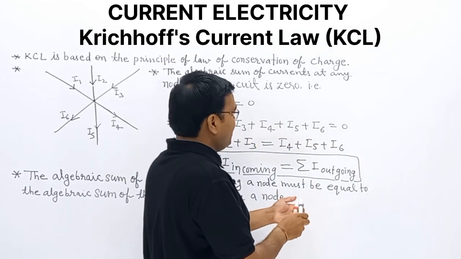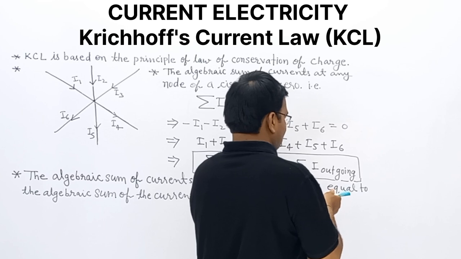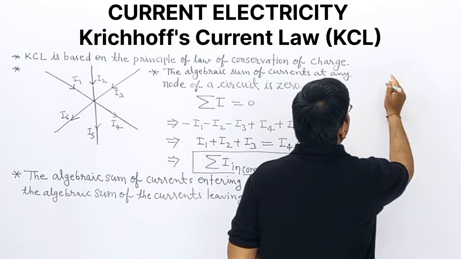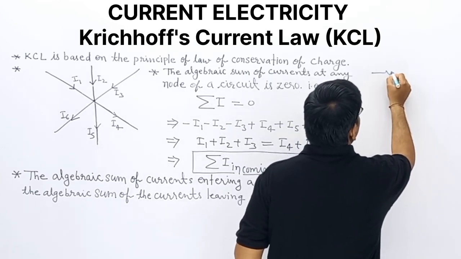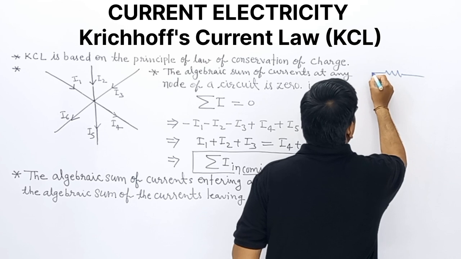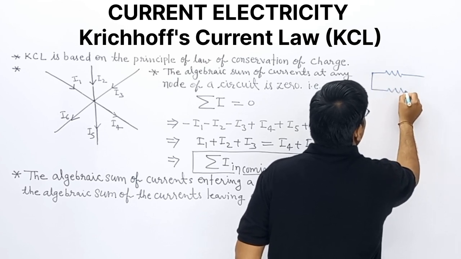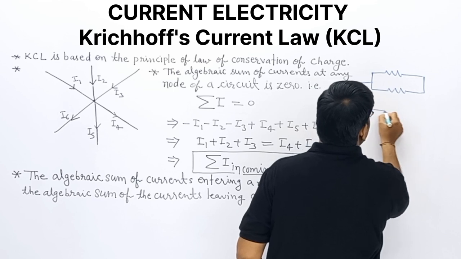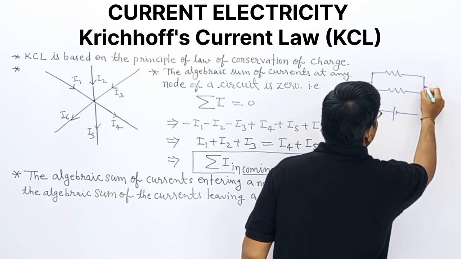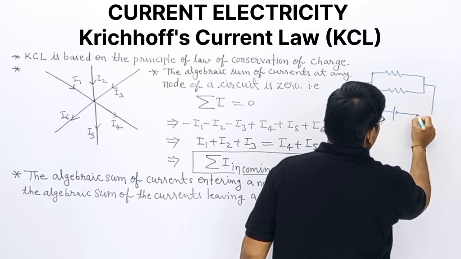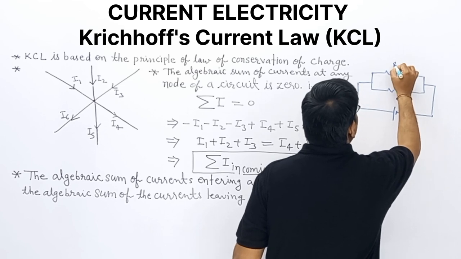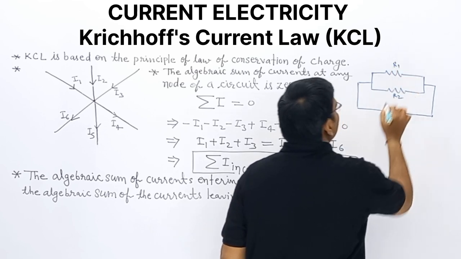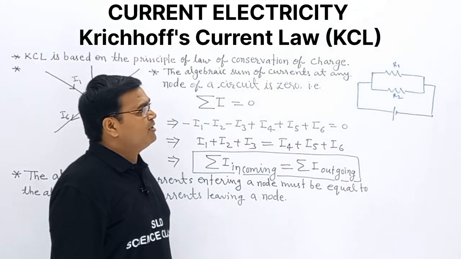Observe, I am taking one example. I am drawing a small circuit. You studied this already in the 10th standard. This is one circuit, with both resistors R1 and R2 connected in parallel combination.